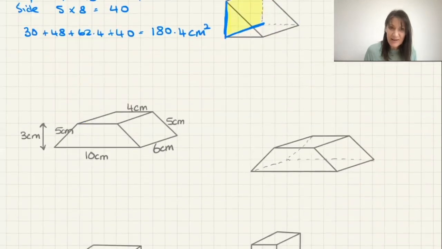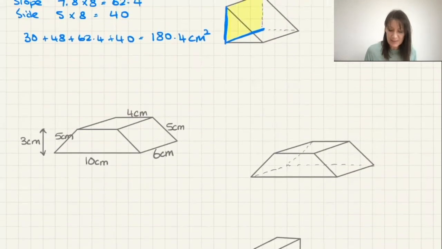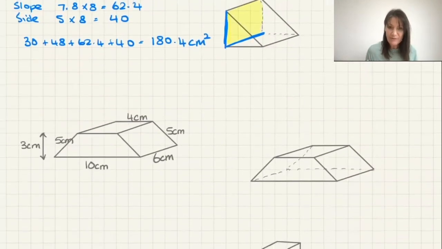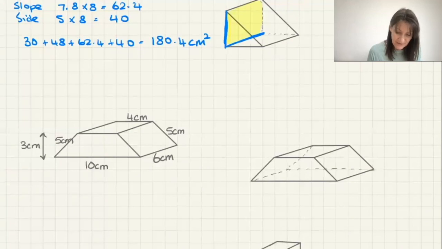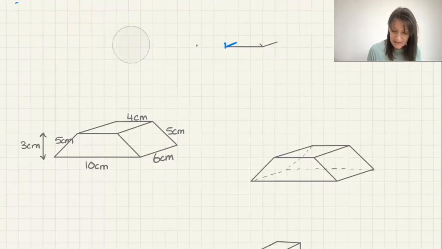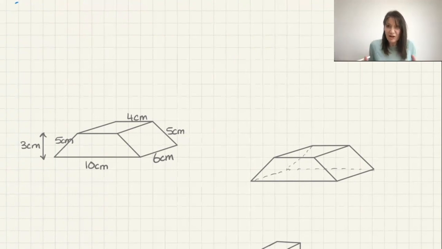Okay, so here we have got our trapezium prism. So we've been given a trapezium as our front face. And then obviously we've got all those edges that grow off of that front face, don't we? So the first job is to find the area of the front and the back.